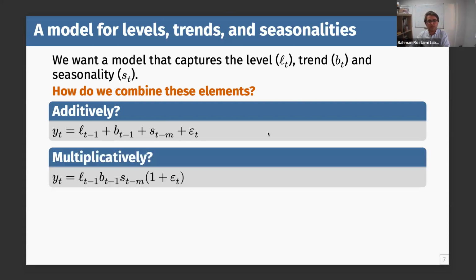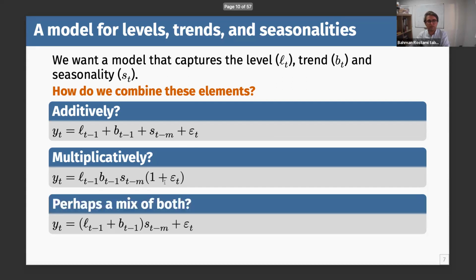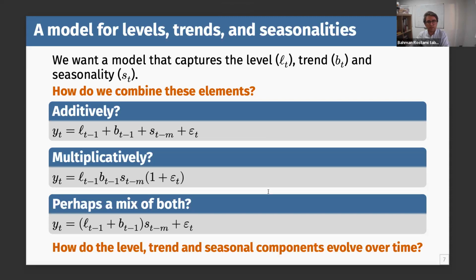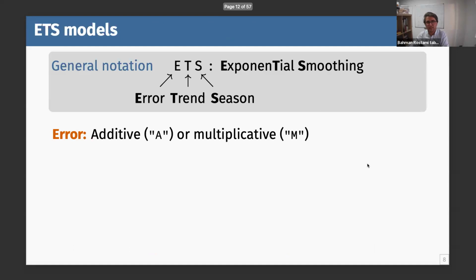We can also combine them multiplicatively, by multiplying these different components by the error part. Or we could have a mix, where some parts are combined additively and others multiplicatively. Another important thing in exponential smoothing is how these components change over time, and that is the role of the smoothing parameters alpha, beta, and gamma.